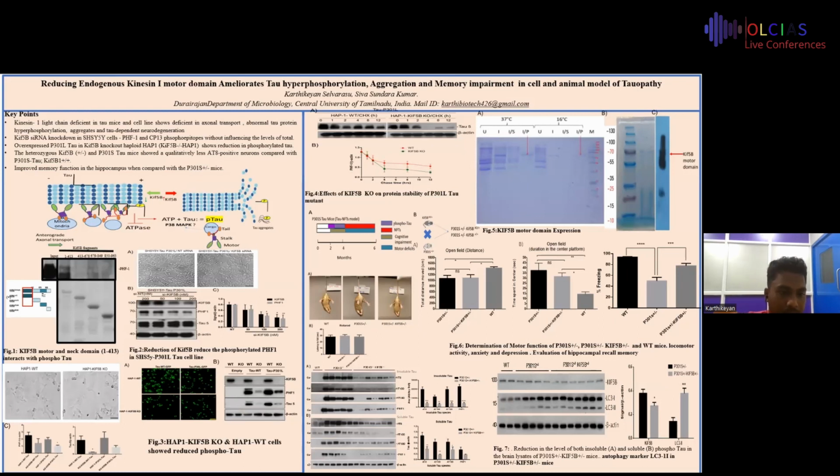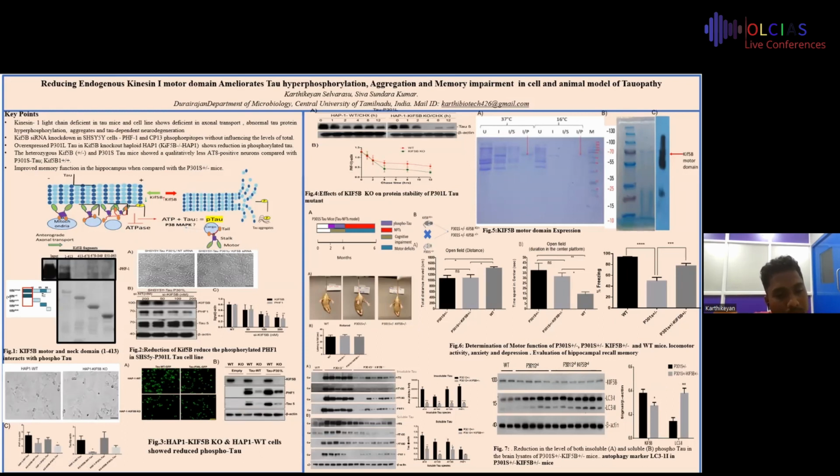So coming to the picture, figure 1. Here we classify the entire structure of the kinesin, like head region, motor region, tail region. In this protein, we are specifically working on which part of the protein can interact with the tau protein or is responsible for the disturbance.